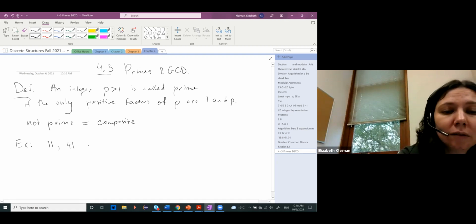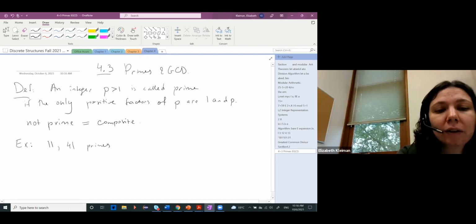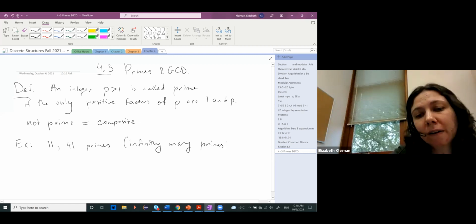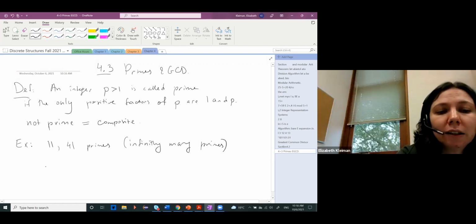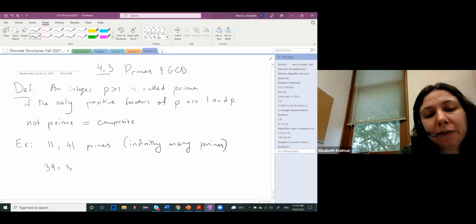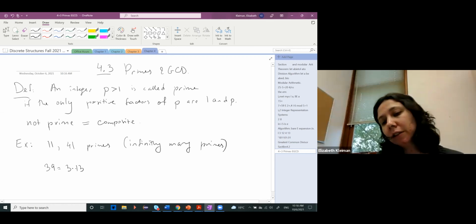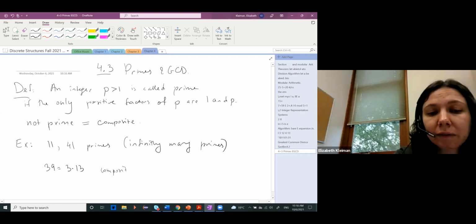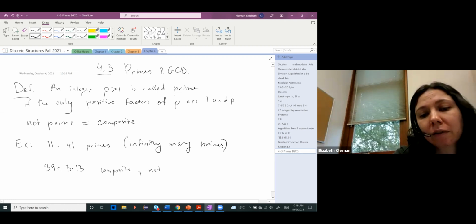Now, there are infinitely many primes. 39 is 3 multiply 13, correct? So composite, not prime.